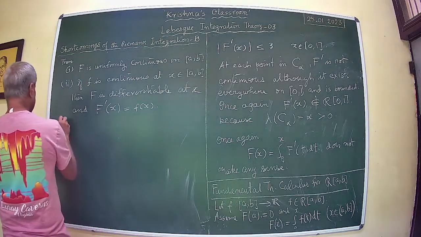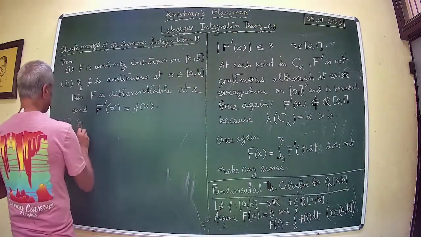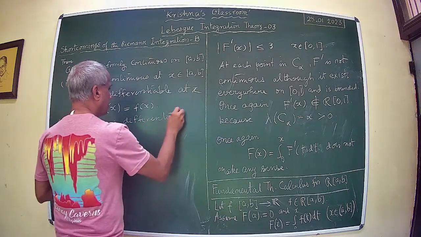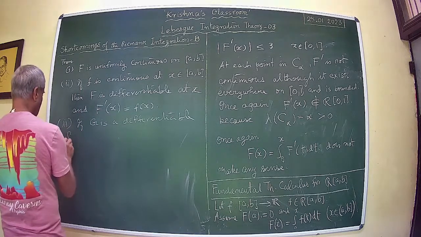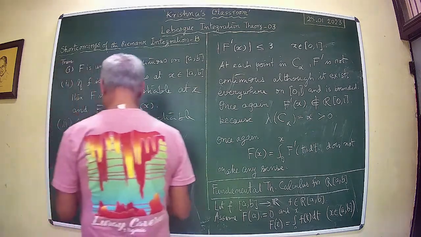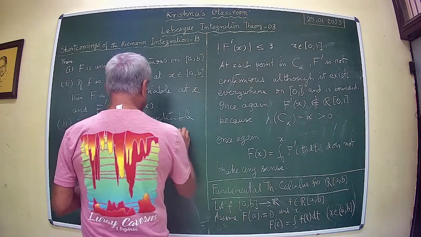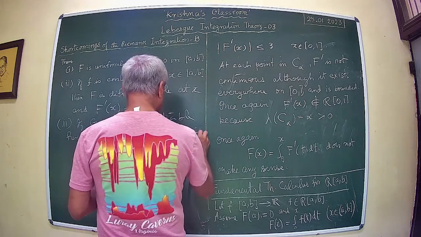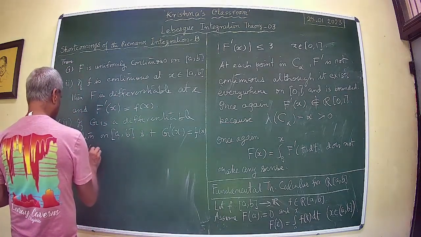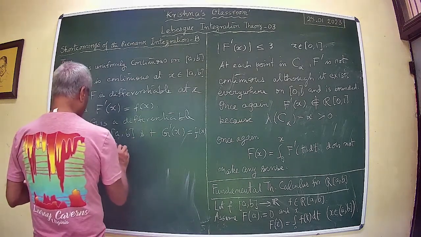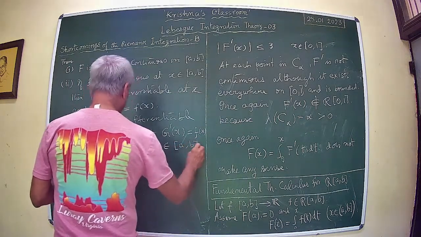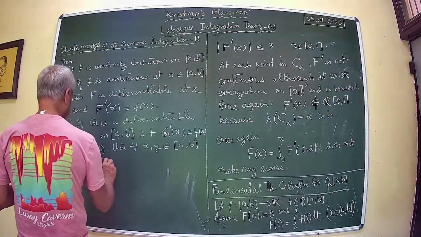The third property is this: if G is a differentiable function such that G derivative of x equal to f of x for every x belonging to AB, then for every x, y belonging to AB, you have G(y) minus G(x) equal to the integral of f, that is the second fundamental theorem of calculus.